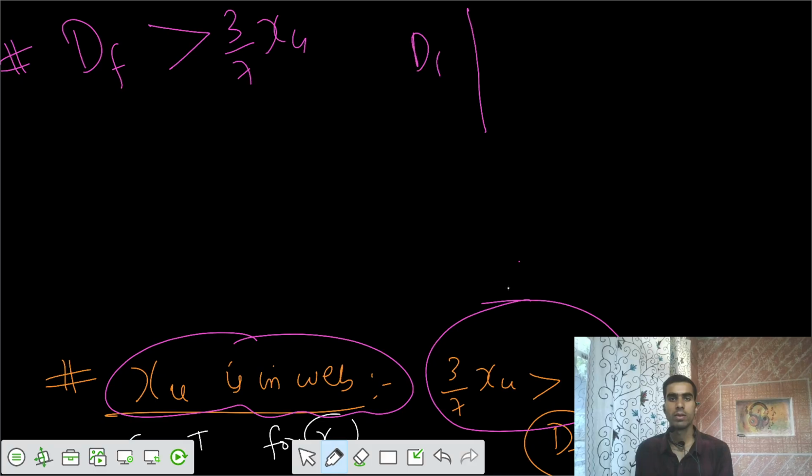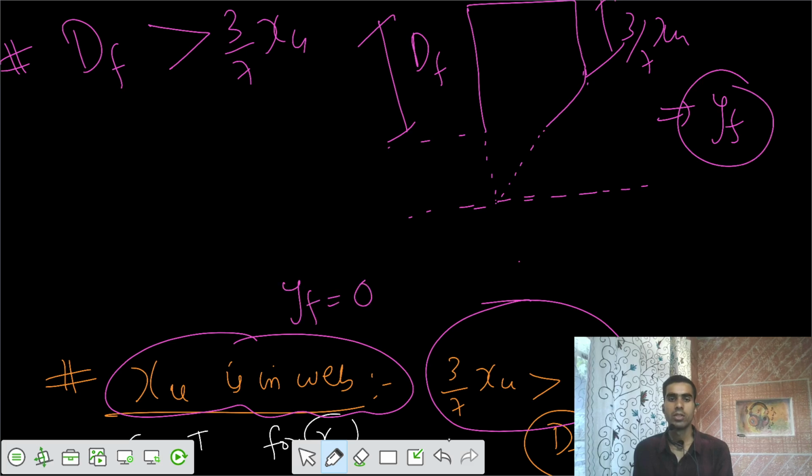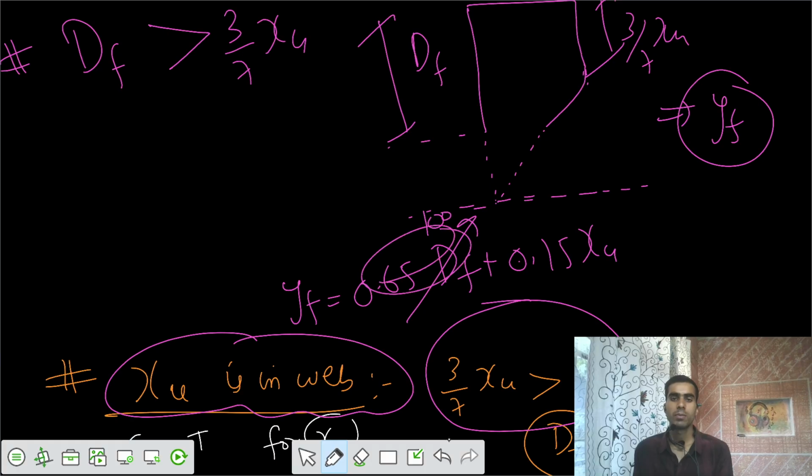If this is Df, your 3 by 7 is only up to this part. After that we have variation in this way, such that it becomes 0 somewhere here in the neutral axis in the web portion. So we need to get the equation of yf. Let's write that yf equation as 0.65 Df plus 0.15 xu, and the value of Df is 100, so this part becomes 65.